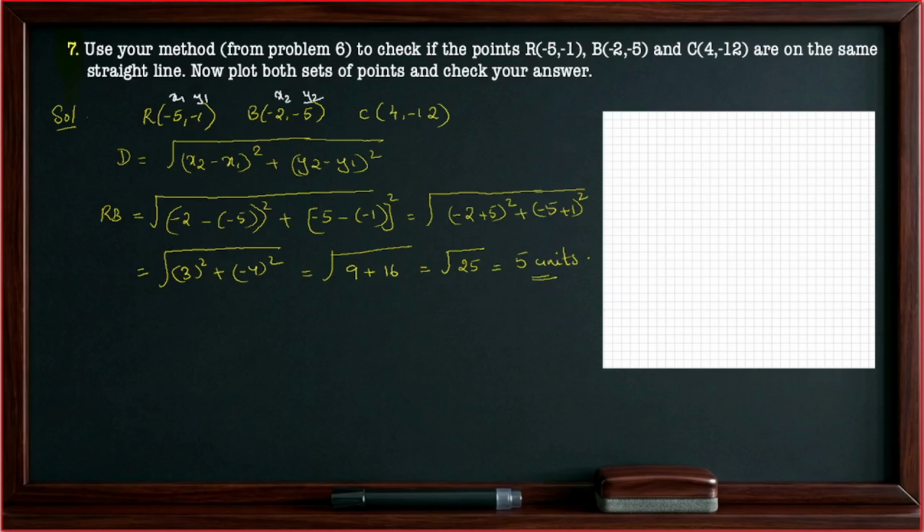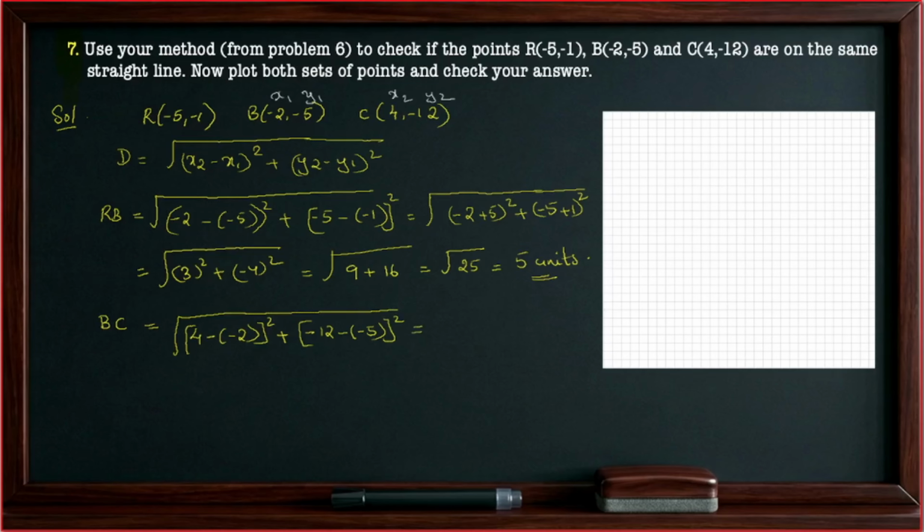Next we have to find BC. Here in B this is x1, y1, and C this is x2, y2. Substituting these values in the distance formula, we get root of x2, which is 4, minus x1, which is -2, the whole square, plus y2, which is -12, minus -5, the whole square.